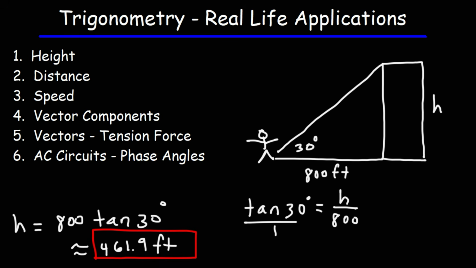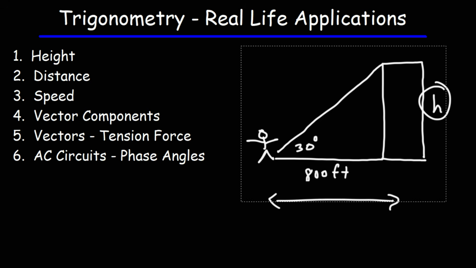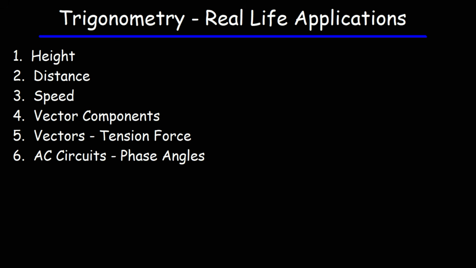Now, here's another scenario. How can you measure the height of a large object if you don't know the distance between you and that object? Let me give you a situation. Let's say you're over here and there's a mountain.